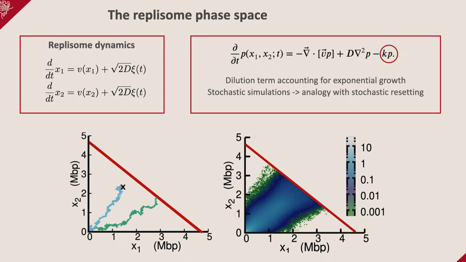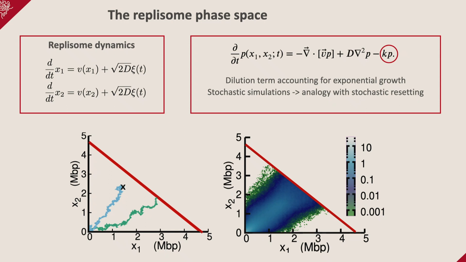The phase space of this problem is this triangle, because the process is completed when x1 plus x2 is equal to the genome length. And so essentially, you have this Langevin dynamics with a resetting term and with an absorbing state at DNA completion. So this is essentially the space in which this problem lives.